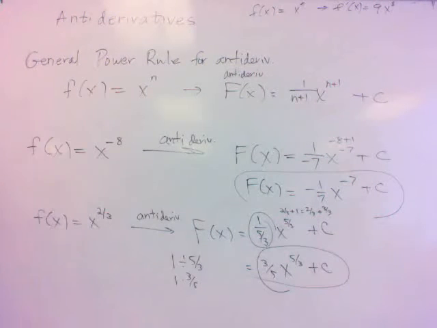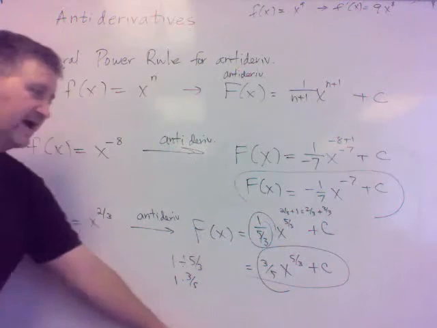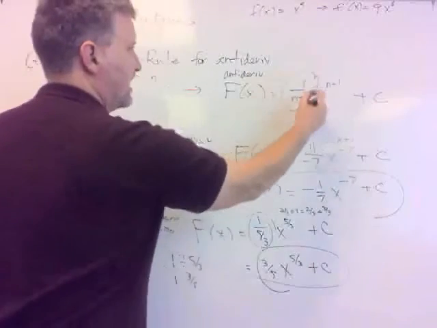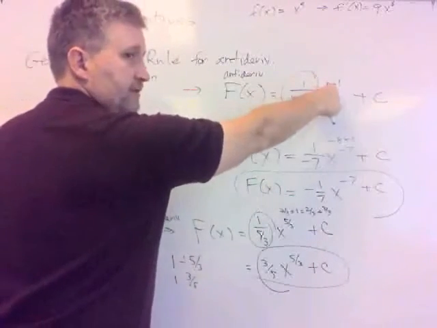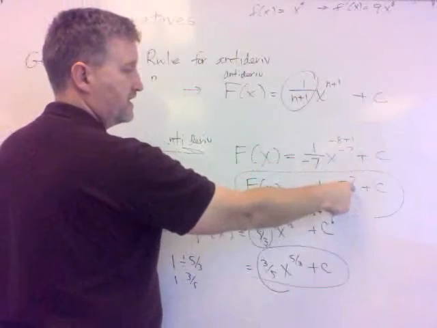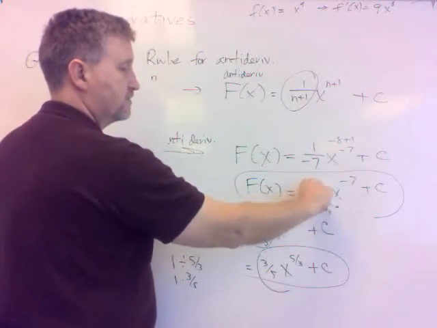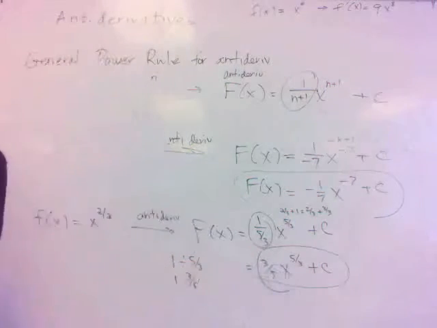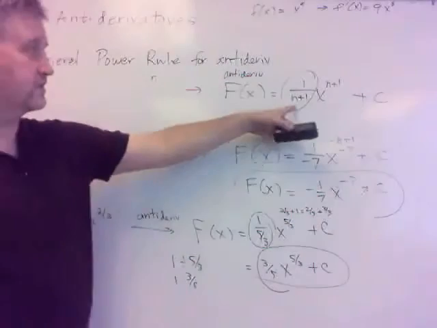See that? Really, what you could say is that it's the reciprocal of your power. You with me? Because if the power was negative 8, negative 7, then the reciprocal is negative 1/7. If the power is 5/3, then the reciprocal is 3/5. So it's really the reciprocal is what this is.